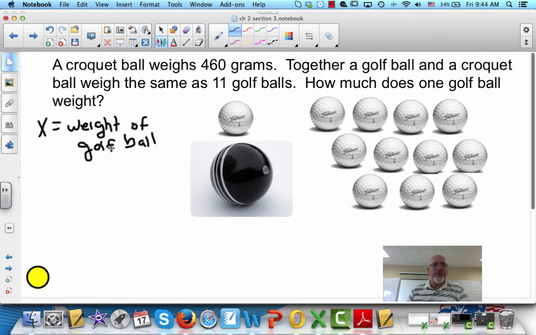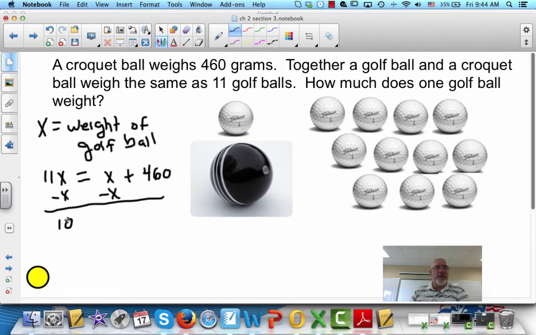Okay, so we got x equals the weight of the golf ball. How many golf balls do you have? You have 11 golf balls. So we go 11x is equal to 1 golf ball, x, plus a croquet ball, which is 460 grams. So now we want the x's to be on the same side, so we go minus x and minus x.